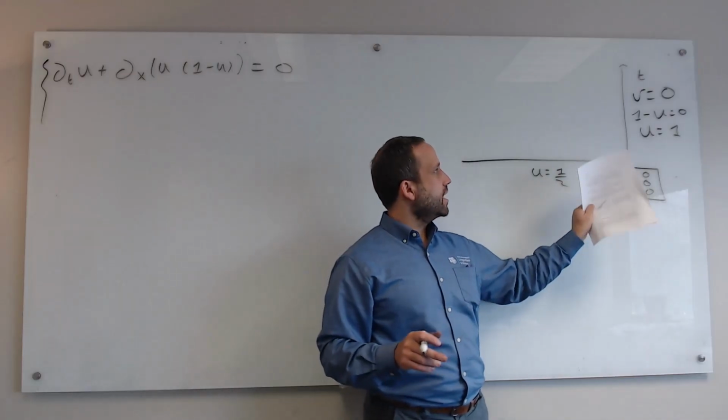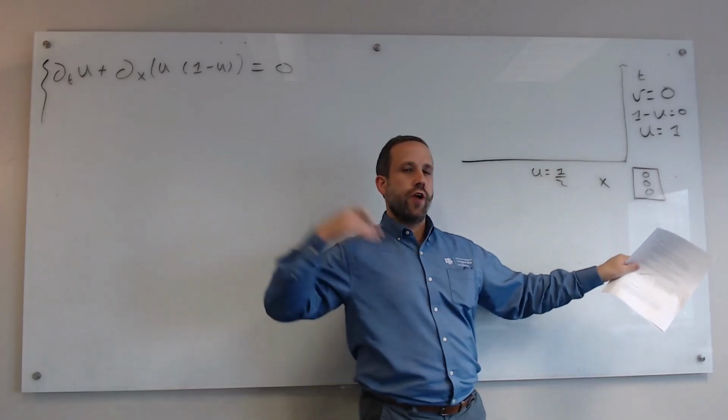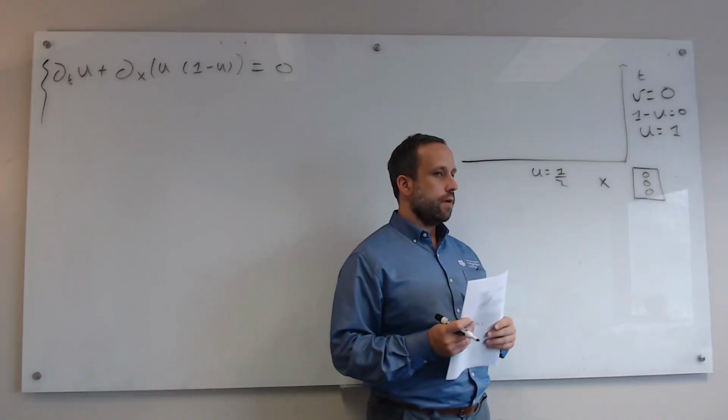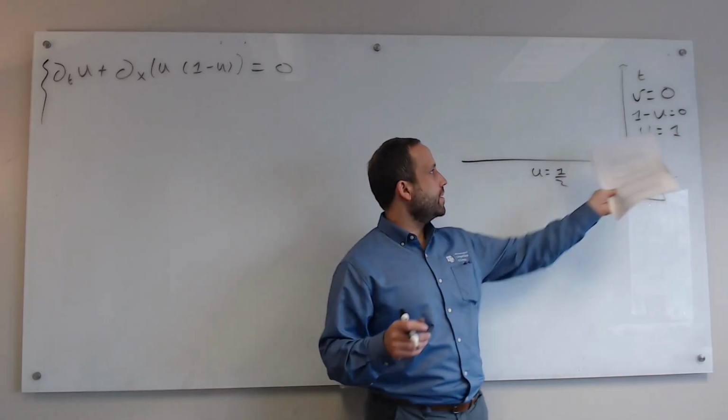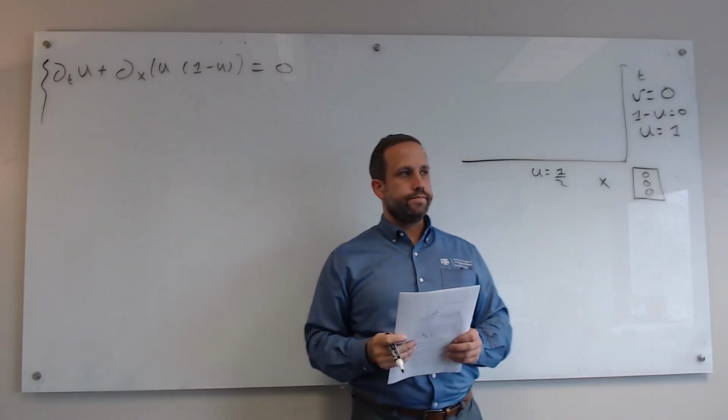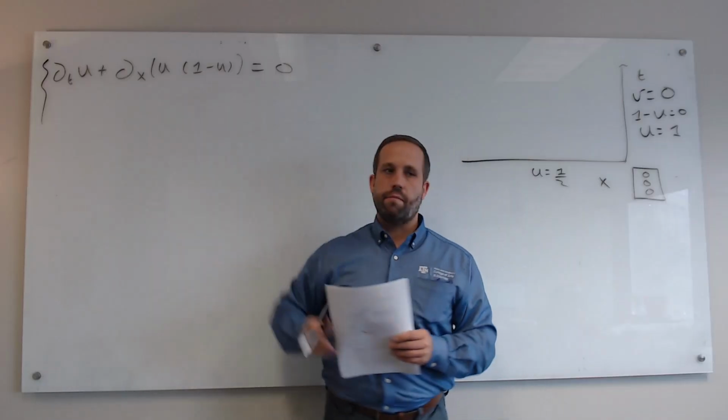So I like to think in terms of velocity and then translate that into density. So the velocity of the cars is 0 here at the traffic light, that's red. So that means the density is 1, since u is equal to 1 minus v. V is equal to 1 minus u.